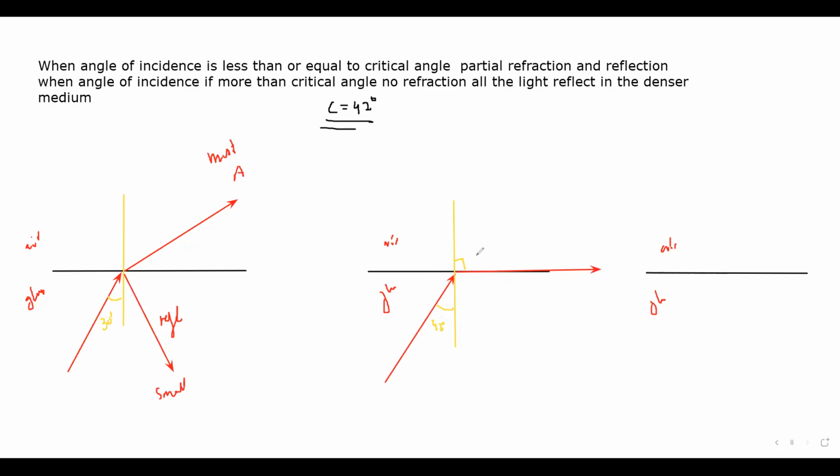And again, it's very small. Mostly it is refracted, and a very small amount of light is reflected. This is called partial reflection and refraction.